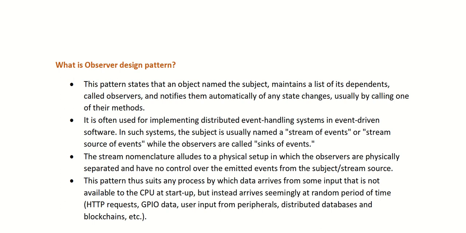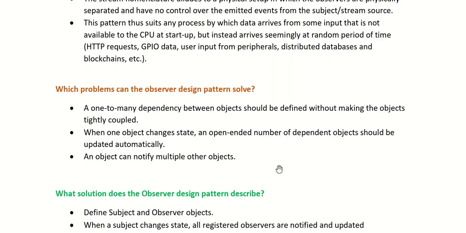For example, the HTTP requests we make: we don't know when we will receive the response. We make the request and listen for the response, and when it comes we take some actions. Same with peripheral devices, distributed databases, blockchains. These are some examples.